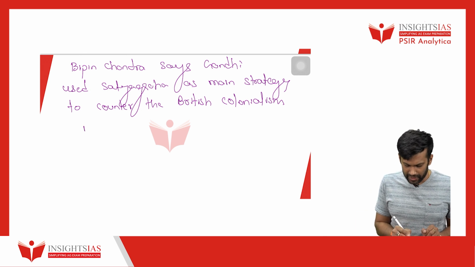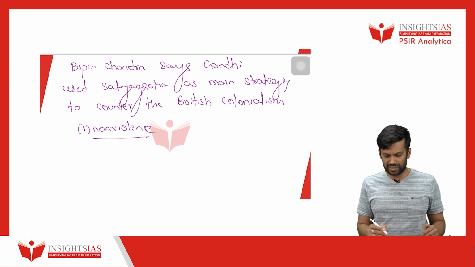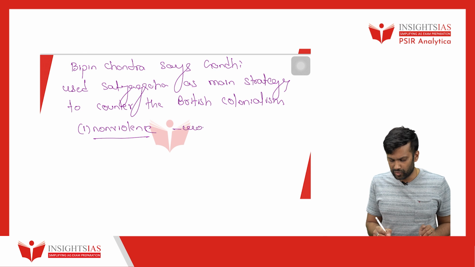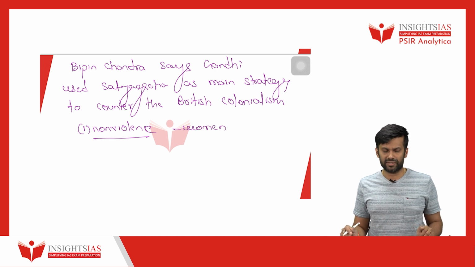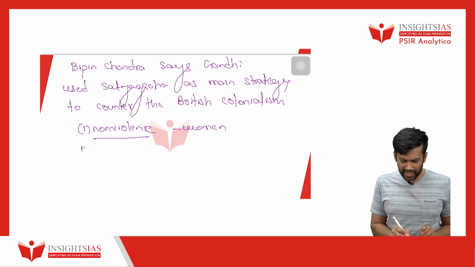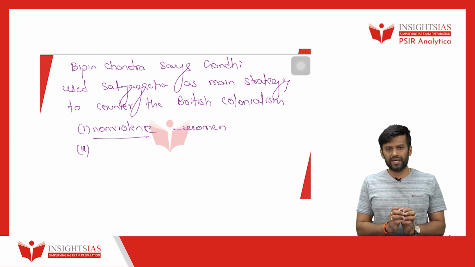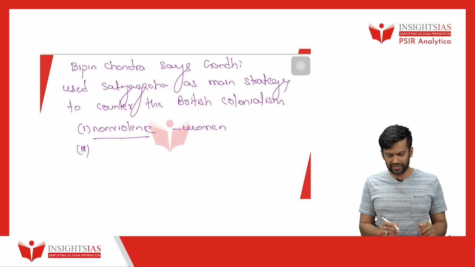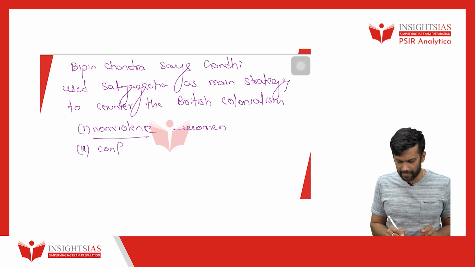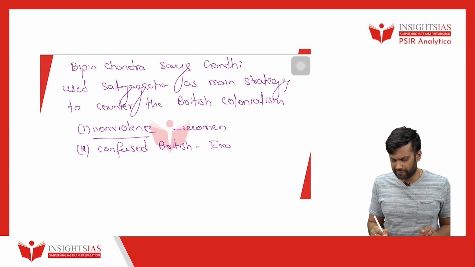One was that non-violence was an essential part of this strategy, and non-violence attracted many masses including women to take part in the Indian national movement. Second, Satyagraha as a tool was a strategy which confused the British. Here you can give the example of the civil disobedience movement.